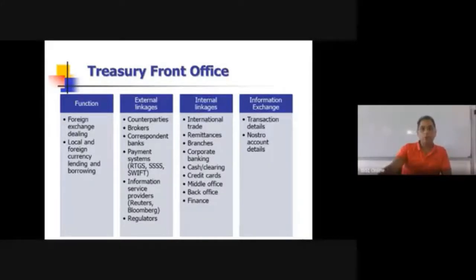So these are all broadly. There are more, I think, but you need to just broadly look at what the main functions are, what the external linkages and internal linkages are, and the information that is generally read from a front office perspective. But it's broader than this. This is a very, very simple overview of it.